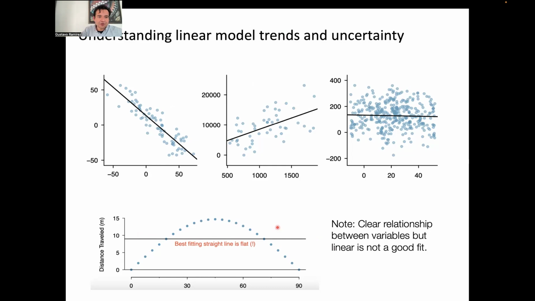That's more or less a polynomial line. So again, a clear relationship here, right? There's a relationship that is actually well encapsulated by this super flat line if you look at this parabolic data set. But it doesn't mean that a straight linear regression would be a good fit for a model. Okay. So hopefully that makes a little sense at least.